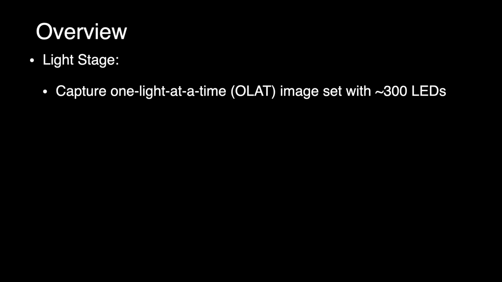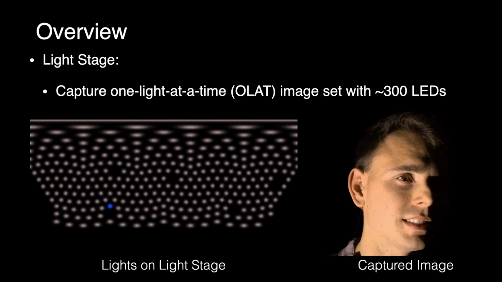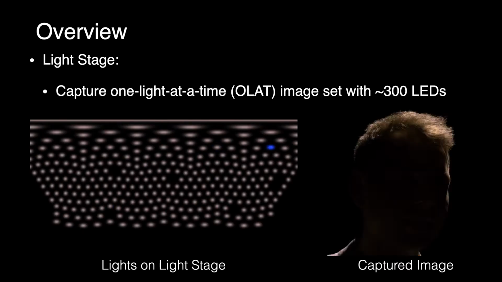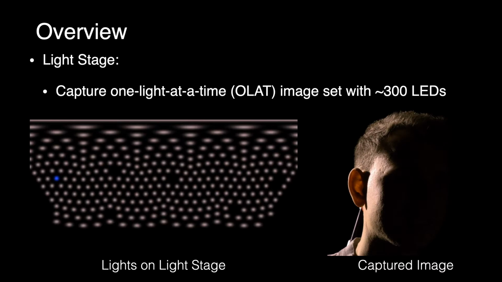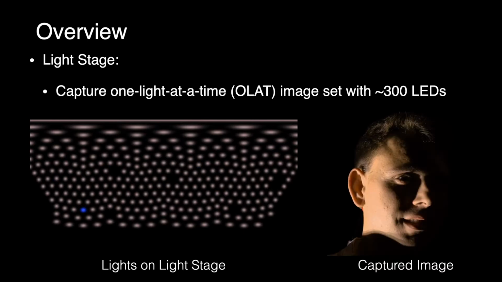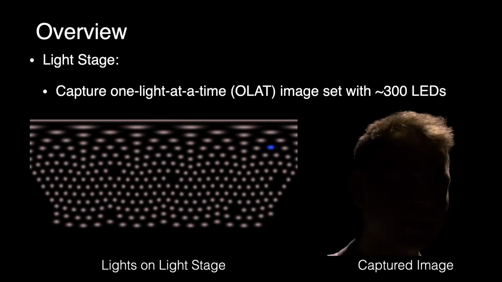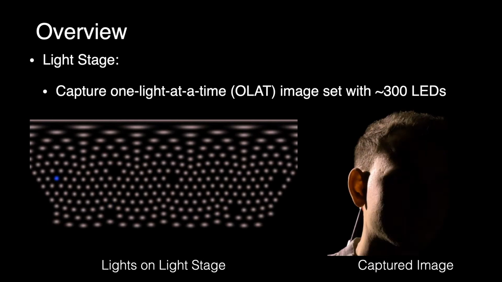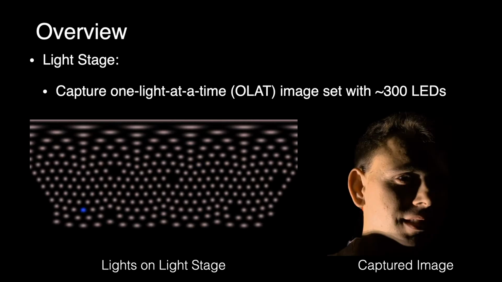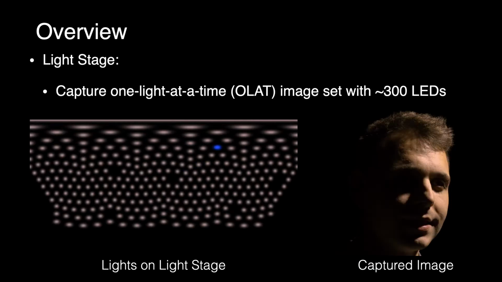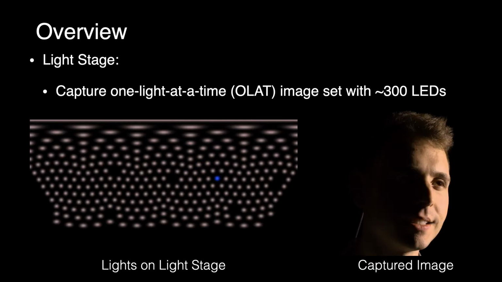Here, we show an example OLAT data and configuration of a light stage with 300 lights. We project the lighting to the latitude-longitude coordinates, and the blue dot is the only activated light on the light stage. The corresponding captured image under the light is shown on the right. As you can see, realistic high-frequency effects such as sharp cast shadows and specular highlights are present in the captured OLAT images.